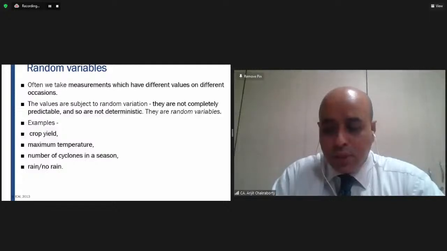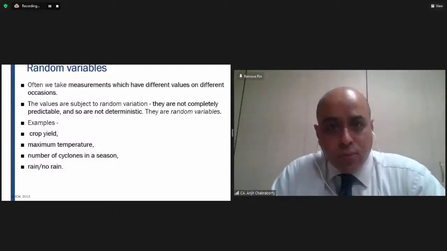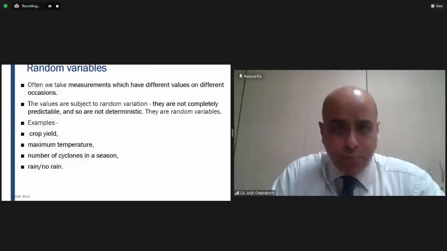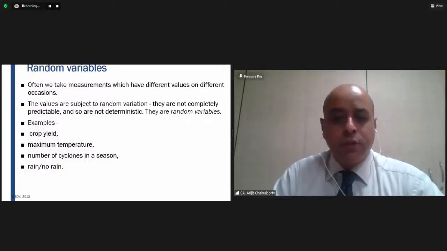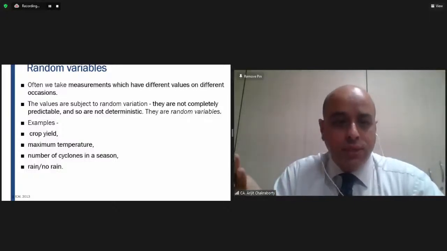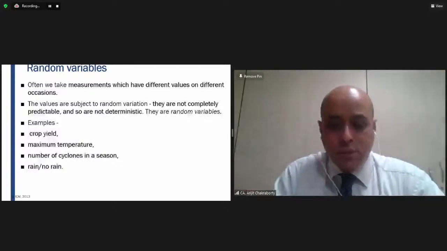Because the temperature changes throughout the day. In the morning, the temperature is high. At noon, it becomes the highest. Again, in the evening, the temperature reduces. So if you are doing a measurement of the temperature during the day, you shall find that temperature is variable. So it's a random variable because it is not completely predictable.